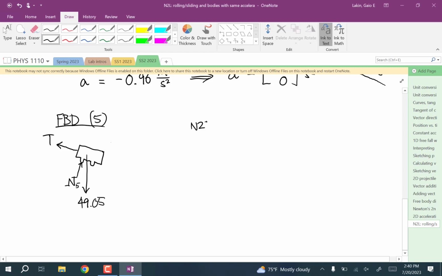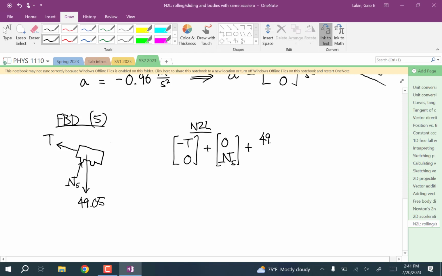So now we'll go to Newton's second law. That T force is in the negative x direction. The N force is in the positive y direction. This weight force, again, we're going to use the angle 280.